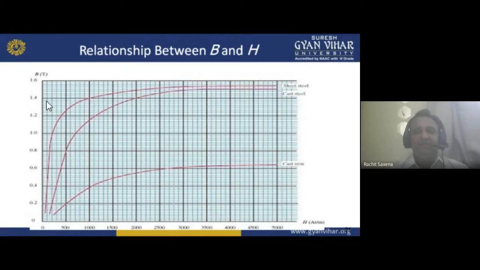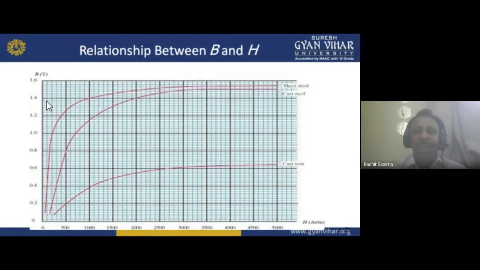In ferromagnetic material we have cast iron, steel, all these things. In non-magnetic material we have plastic, wood. Instead of making the core of plastic or wood, because permeability will be lower, we need higher permeability, because permeability relates B and H, density and intensity.